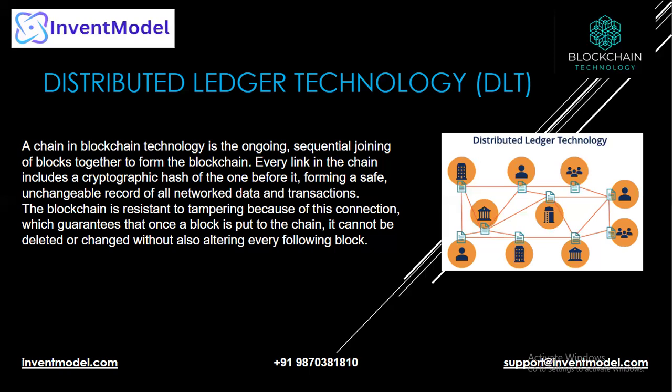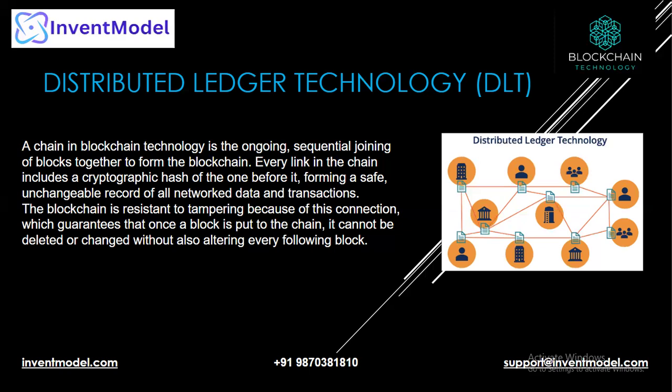So, in simple words, a distributed ledger is a type of technology in which, if any block is added, the information of that particular block is distributed among all the nodes, or all the members who participate in that network. So by using this, a particular block is accessible to everyone.